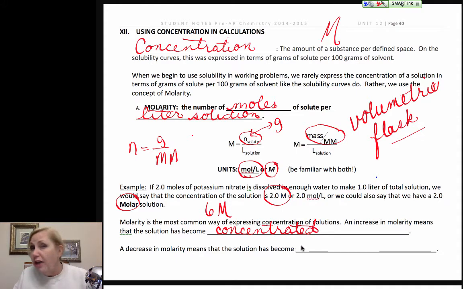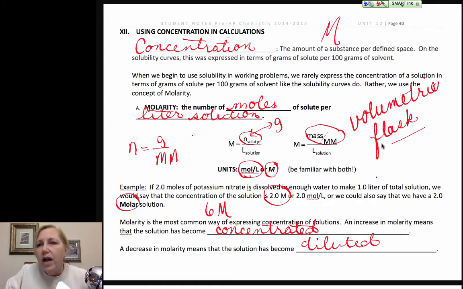If we added water to it or we had fewer moles, we would say that it becomes a more dilute, or we diluted the solution. Concentrated and dilute are really relative terms. There's no absolute value in which we'd say, okay, we're going to call this concentrated, we're going to call this dilute. It's a really comparative term there.